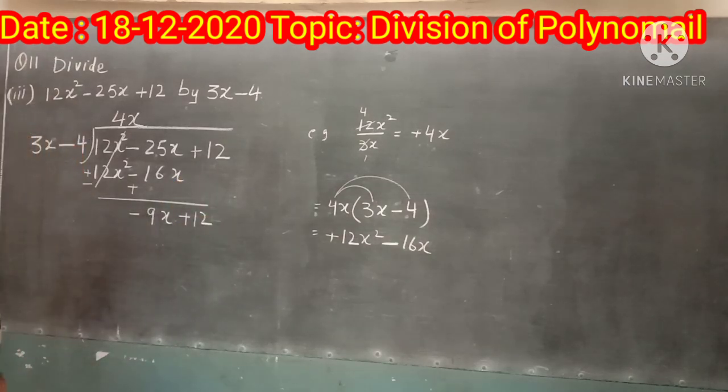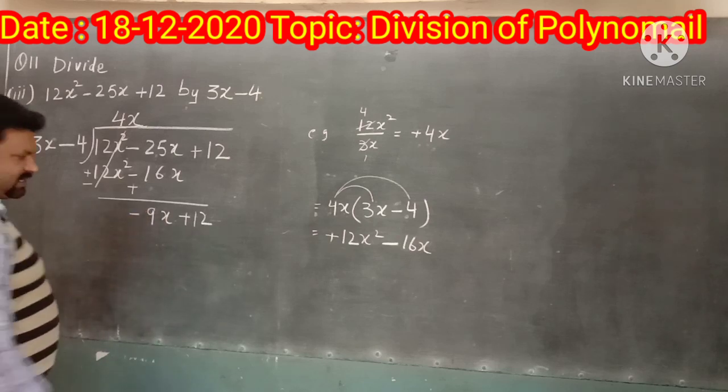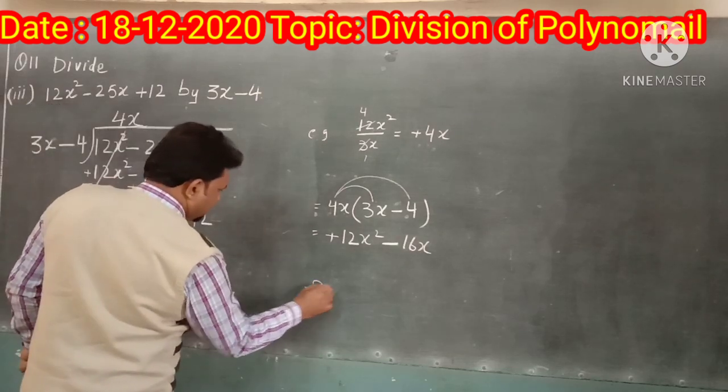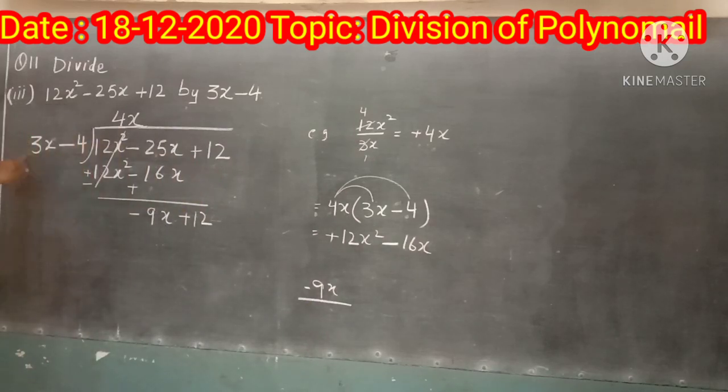Okay. We will again take the first term of the dividend, minus 9x, and divide it by the first term of the divisor, that is 3x.